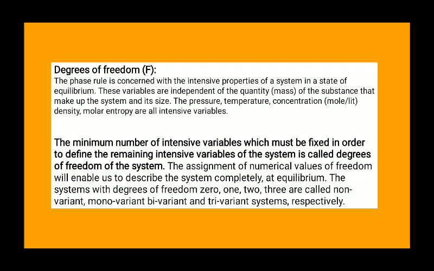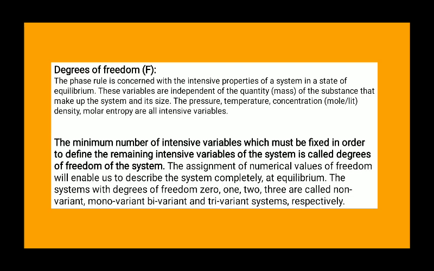Degree of freedom. The phase rule is concerned with the intensive properties of the system in a state of equilibrium. These variables are independent of the quantity of the substance that makes up the system and its size. The pressure, temperature, concentration, density, and molar entropy are all intensive variables.